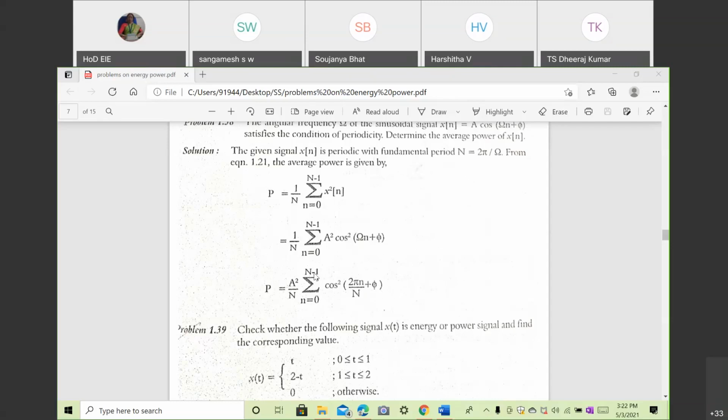So whatever capital N value you take, it may be length 6 or 10 or 20 or 30. If you take N as 30, then 30 minus 1 is 29, and small n we have to substitute from 0 to 29. If you take capital N as 6, then 6 minus 1 is 5, so small n we substitute from 0, 1, 2, 3 up to 5 in this equation, and N will be 6 in that case.